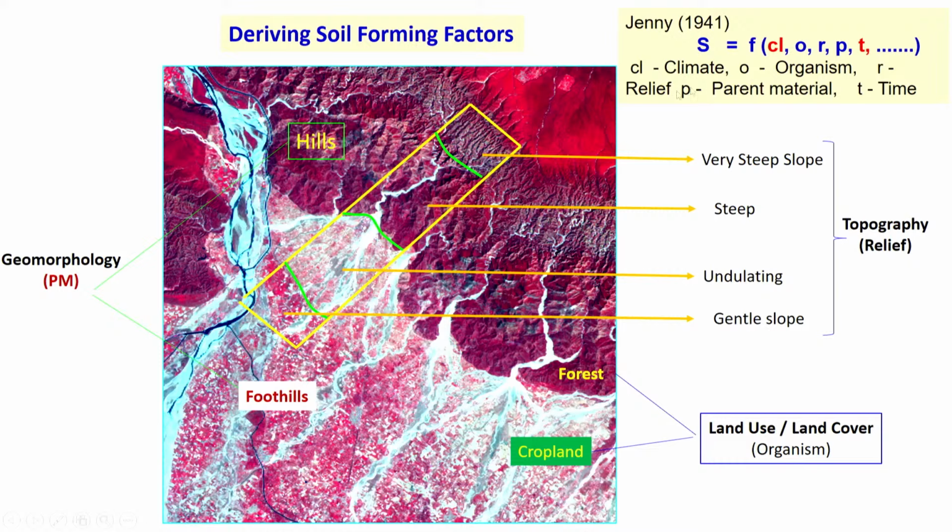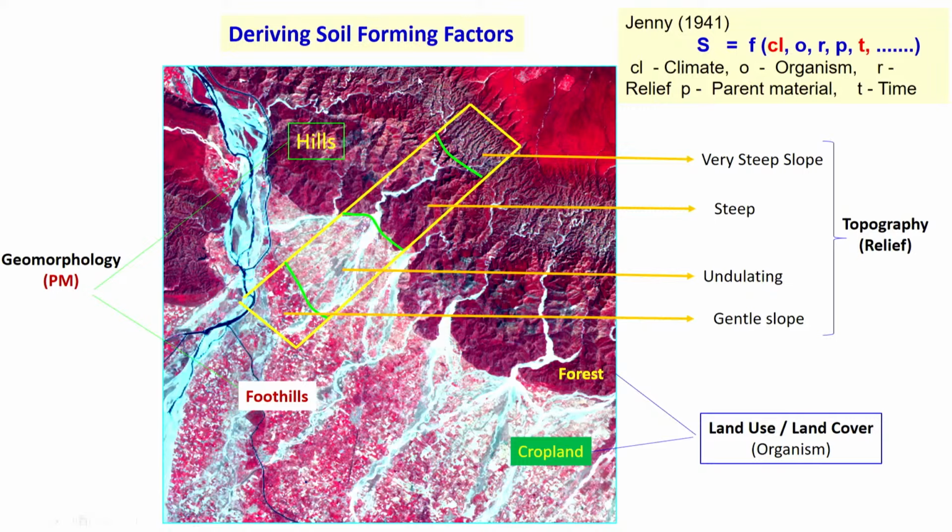And second is the topography. With remote sensing satellite data interpretation, I can find out this is very steep slopes, this is steep slopes, undulating slopes, and gentle slope. All three, four types of slope or topography I can interpret. How can I interpret it?